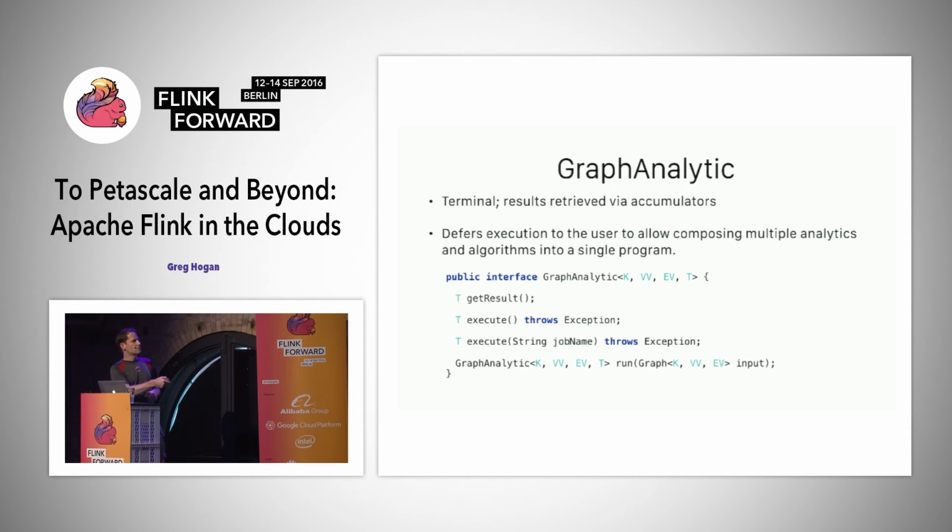Instead we allow the user to call execute, and this allows the user to call the GraphAnalytic as they would call count. You can call collect on it. The basic idea is we're going to run it, and then when we say get result, we're going to fetch the result from accumulators. So we've broken that apart into 2 operations. The first, we set up the output formats where our accumulators run, and then separately we call get result, where we can actually fetch the result.